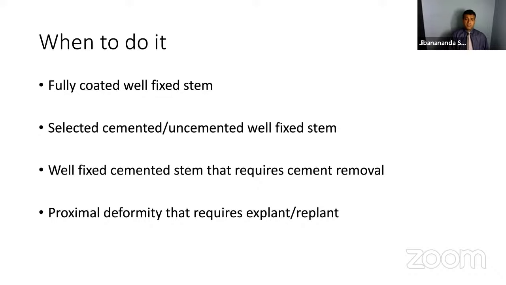If there is a proximal femoral deformity that requires an explant and a replant, it'll be very difficult to put a straight stem. So it'll be almost like a corrective osteotomy. Sometimes you have to even complete the ETO to make it like a femoral osteotomy if necessary. But typically, with some proximal varus remodeling, ETO would be sufficient.